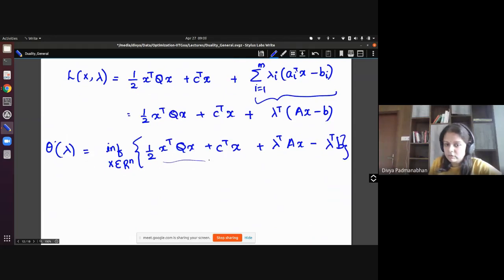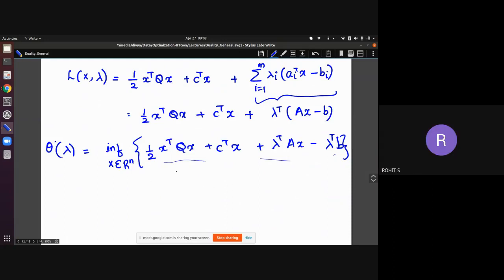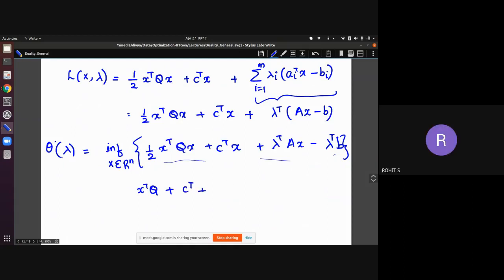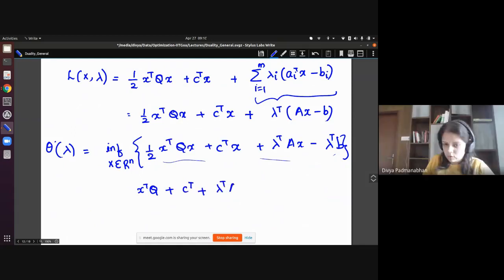So what's the gradient of this function here, this whole thing with respect to X? It is X transpose Q plus C transpose plus lambda transpose A. Okay, so I'll just write it in the transpose form.